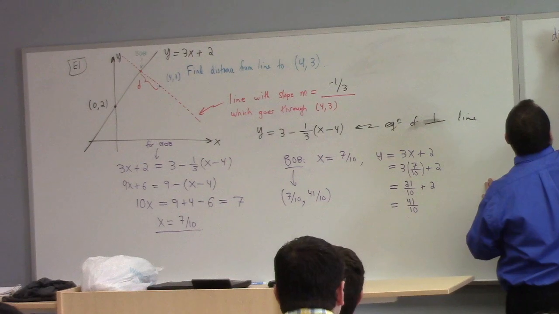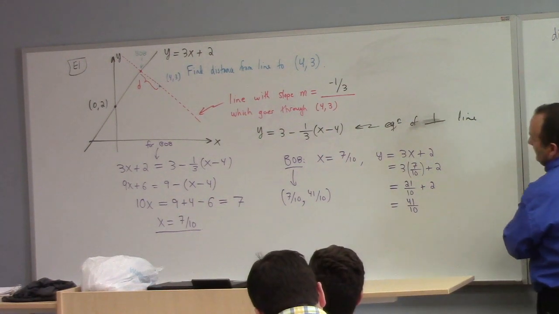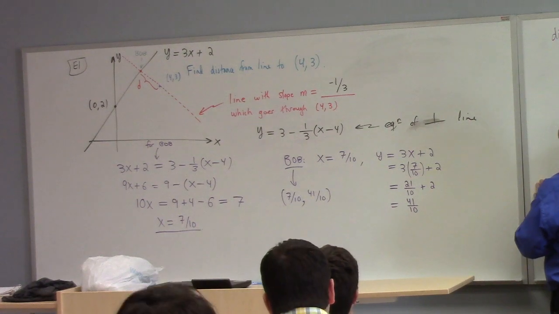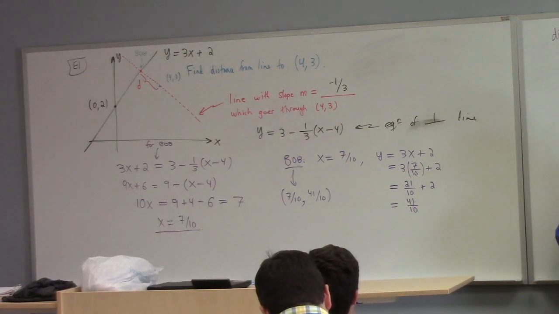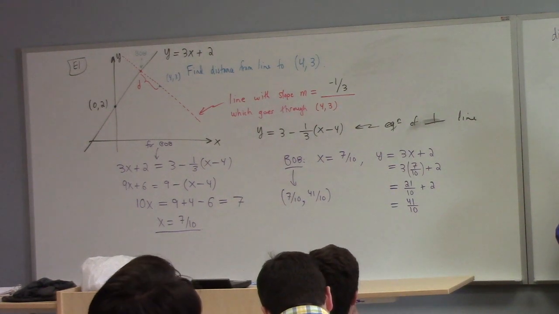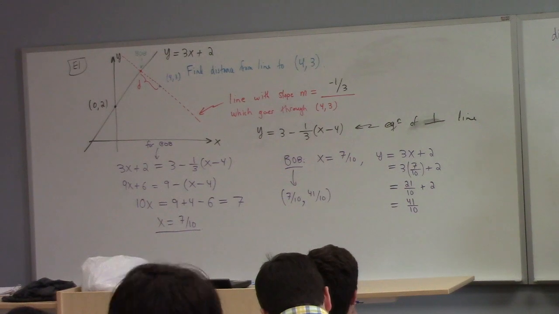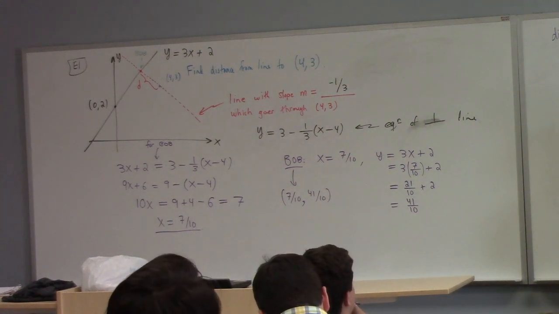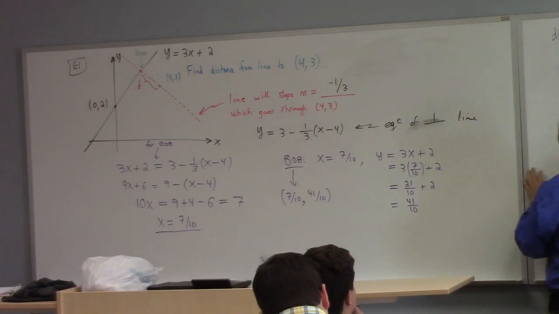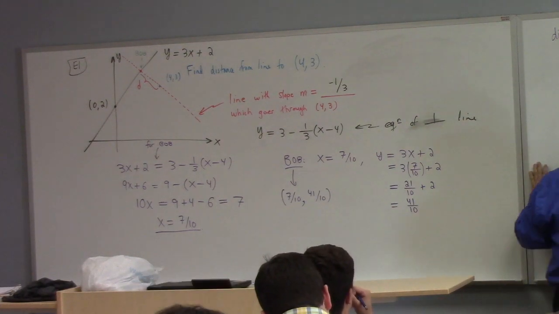What is the distance from the point 7/10, comma 41/10? And if you'd rather use decimals there, you're welcome to. The point off the line, which was given, what was it, 4, 3, right? Well, there we use the distance formula, right? The distance is equal to the square root of what?